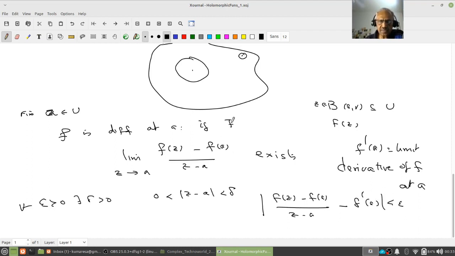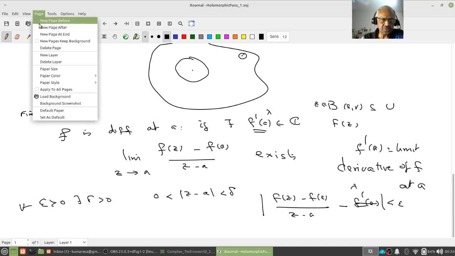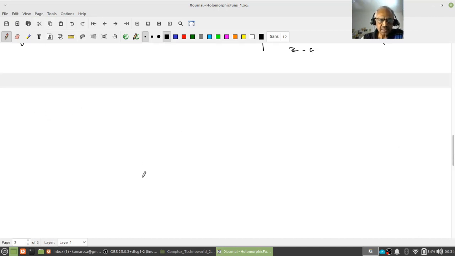If there exists f'(A), a complex number, with this property, if you want to call it lambda, there exists a lambda so that this happens. That lambda is denoted by f'(A). Very good. This is the definition. There is nothing more to do. Alright, so you have the standard examples as usual. Constant functions will always be differentiable, etc.